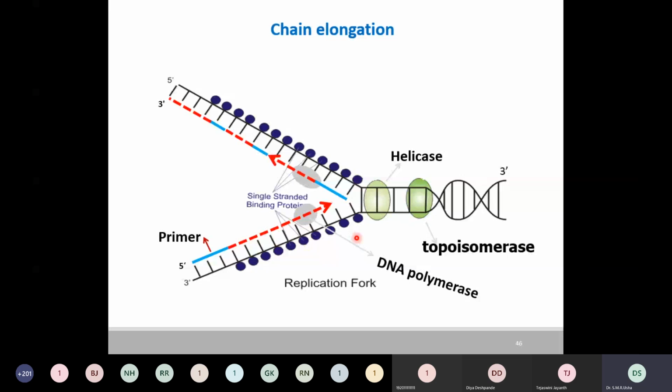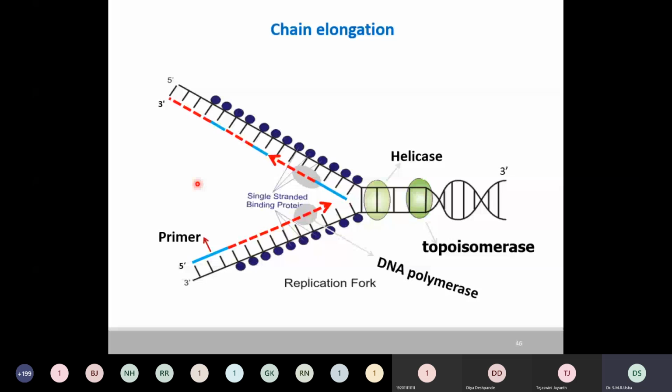So you can see the strand that is synthesized continuously, we call the leading strand, which has only one primer. The strand which is synthesized discontinuously is called the lagging strand, and it has many primers and many Okazaki fragments. So the chain elongation occurs till the entire DNA is replicated.